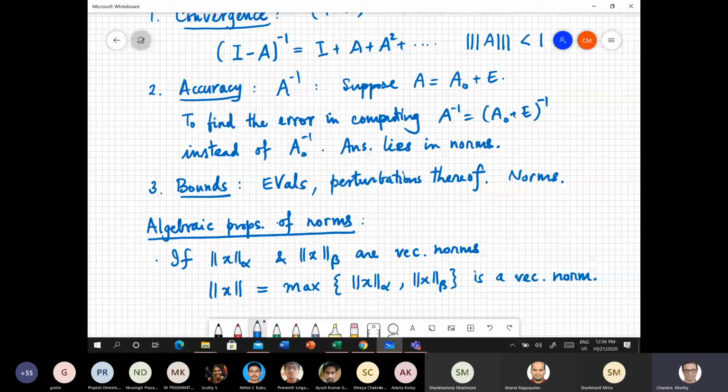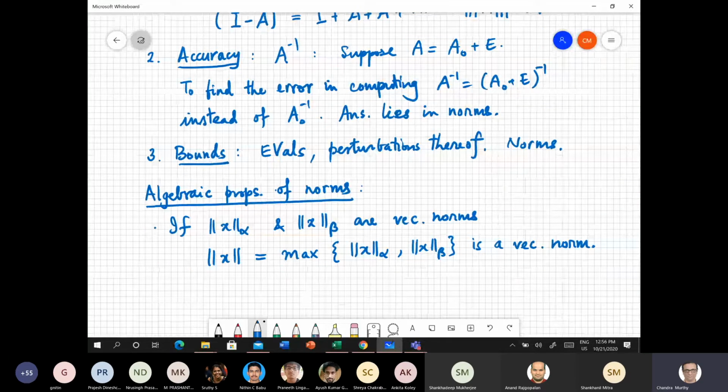Again, a property that's easy to verify. Okay, but you have to check that it satisfies those four properties of norms.